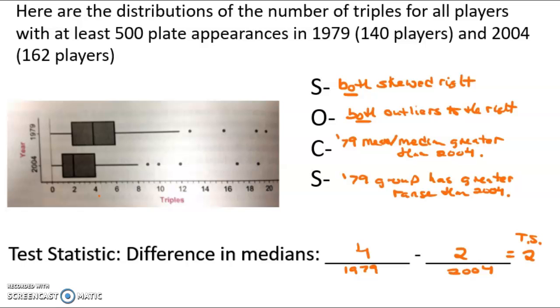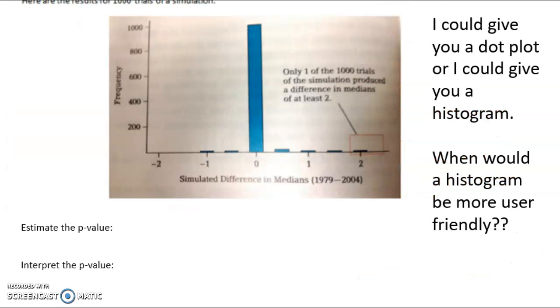All right, going to the next slide, here we go. Interesting, look at this. Maybe there's a reason why we like histograms better. Of course, we want to know the p-value. We're going to be estimating the p-value, interpreting the p-value, and making our conclusions based on that p-value.